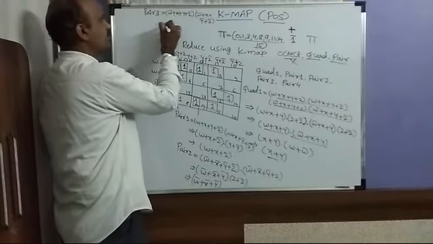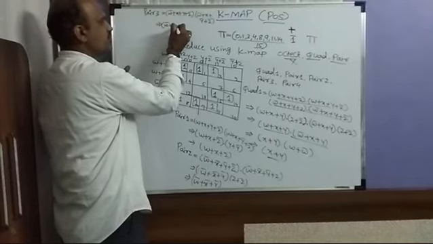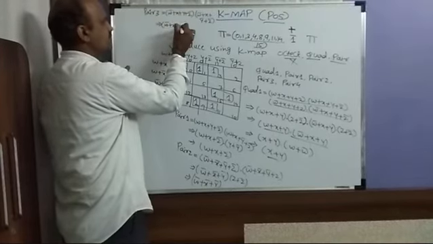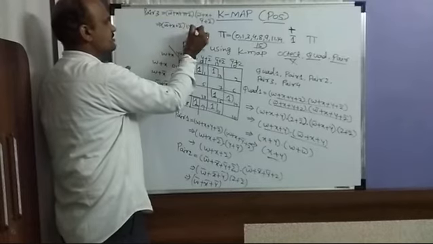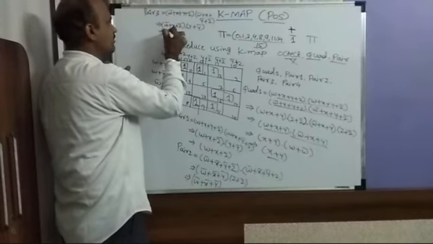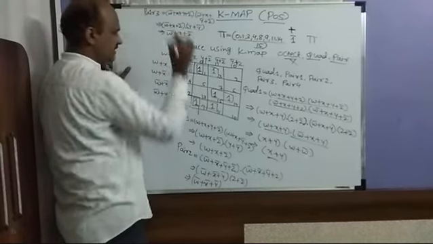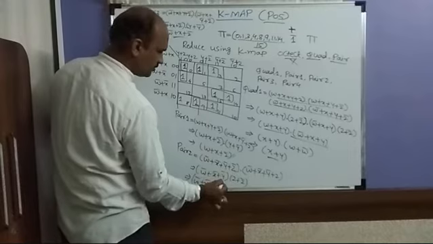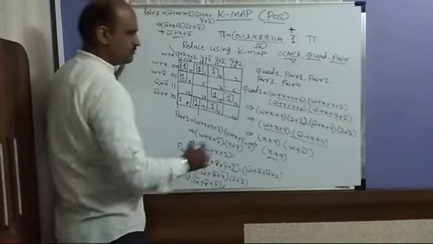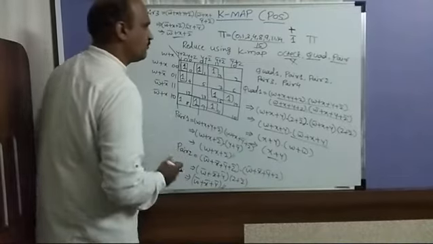Take again the common: w bar is common, x is common, z bar is common, and what remains is y plus y bar. So what you got? W bar plus x plus z bar. This is for pair 3, this is for pair 2, sorry pair 1, this is for pair 2. So lastly there is another one, that is pair 4.